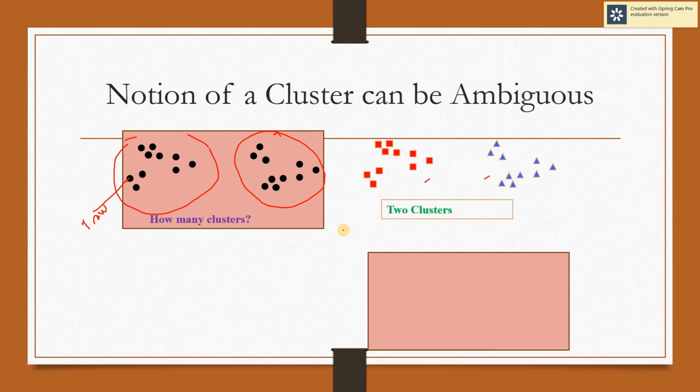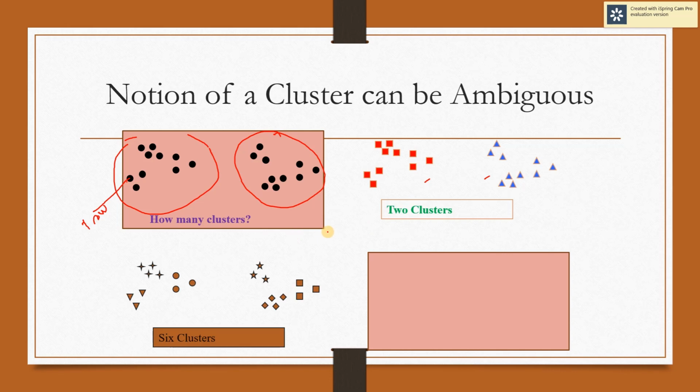But then some of you may say, I think it would be six clusters. Let me change the ink color first. One would be this cluster: 1, 2, 3, 4, 5, 6 here, because the distance seems very similar compared to these two clusters.